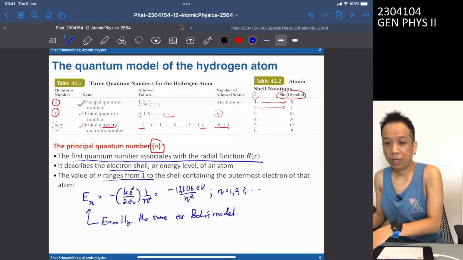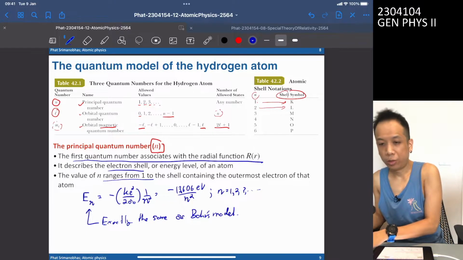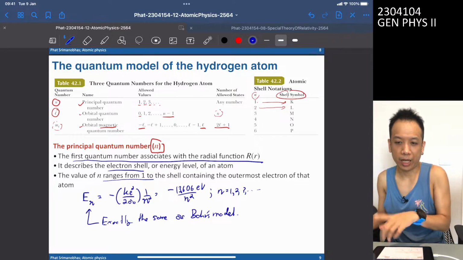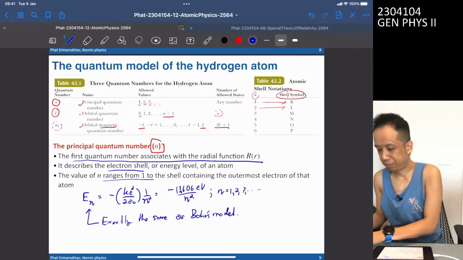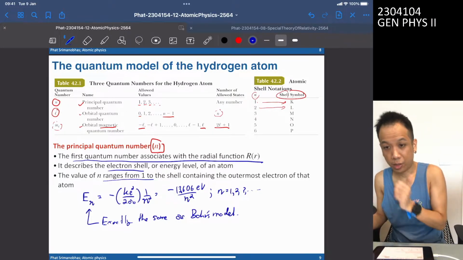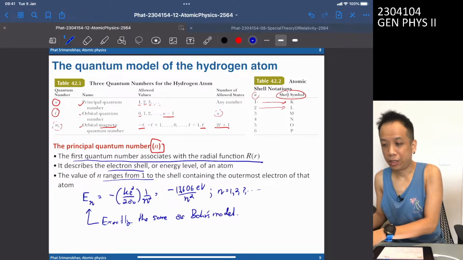So the quantum model of the hydrogen atom passes the first test, since it can describe the Bohr model, which can describe the hydrogen spectrum.